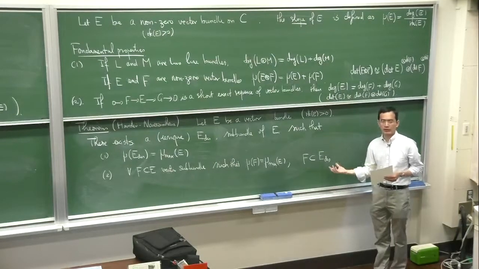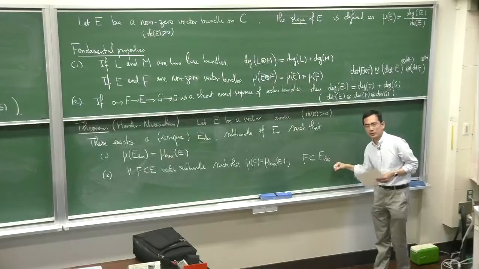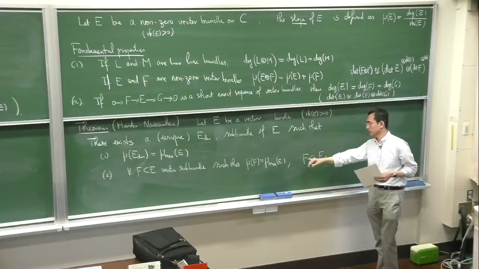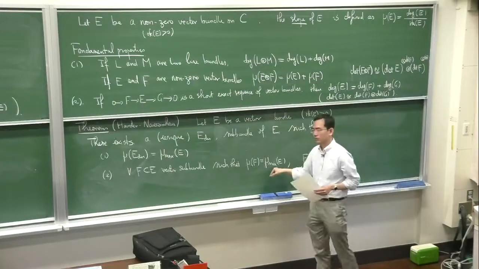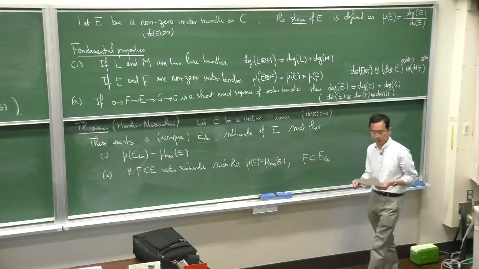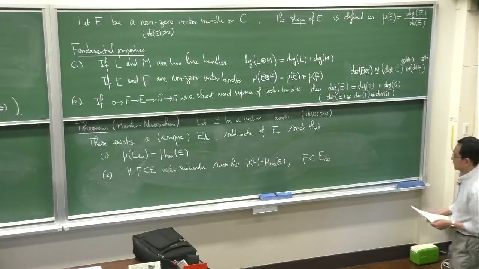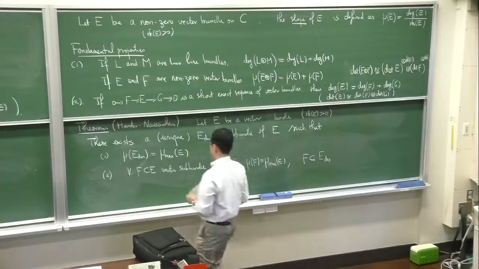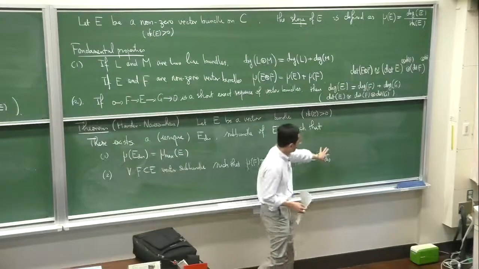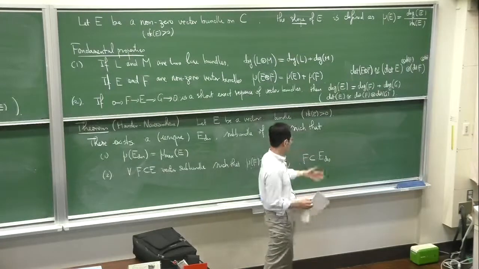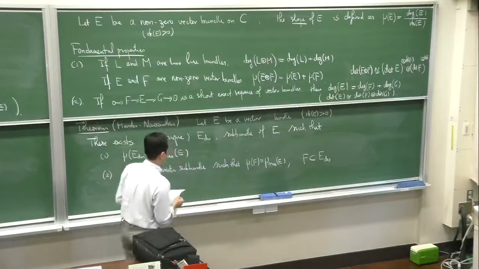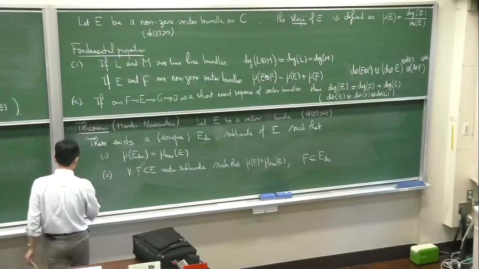Therefore you observe the uniqueness by this universal property. It includes every vector subbundle which realizes the maximal slope. Of course, if this one is not E, then you know that your vector bundle is not semi-stable.